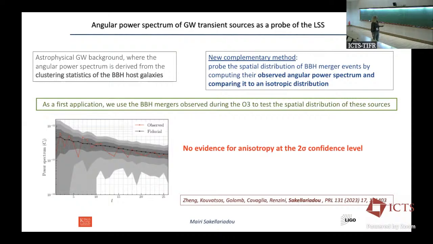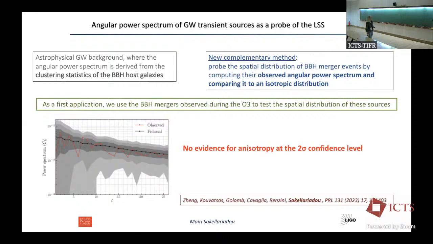So now what we do right now is we try to develop that for 3G detectors, and also we try to estimate an important question: what is the minimum number of events I need in order to confidently be able to find an anisotropy? Now, the events that I have are not sufficient. What is the number of events I need in order to do that?